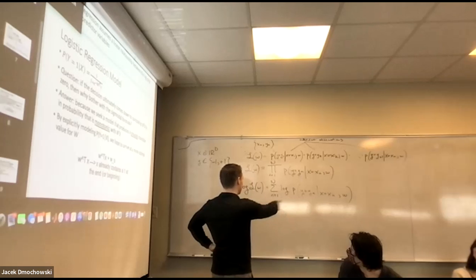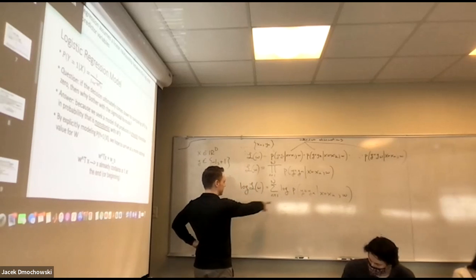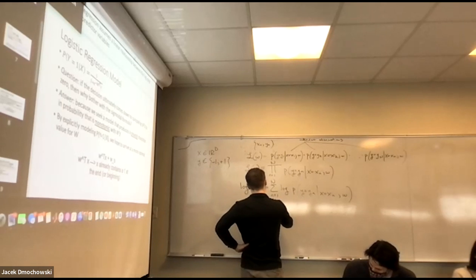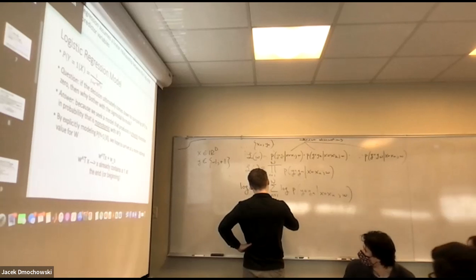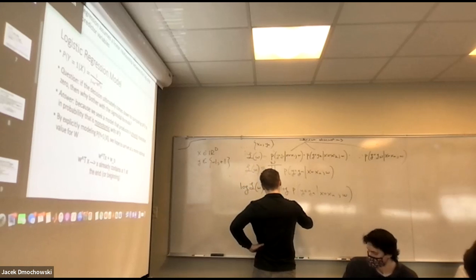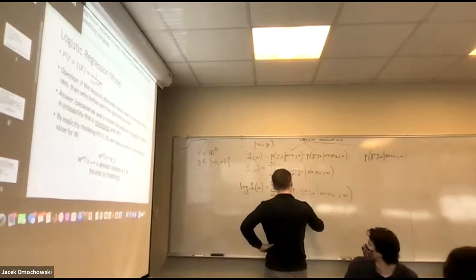Okay, so this is now the thing that I want to maximize. So now I'm ready to plug in my general form. My general form for P is this sigmoid function.